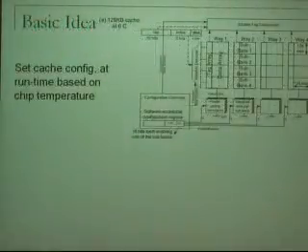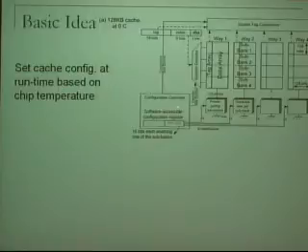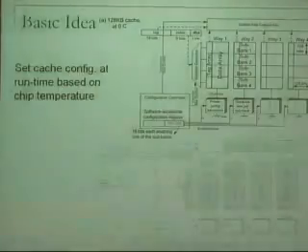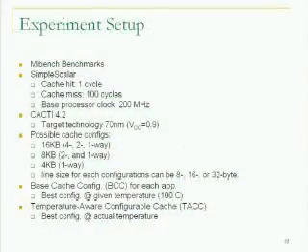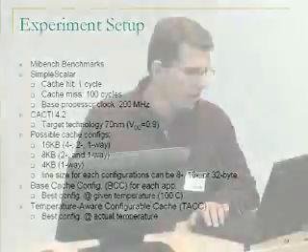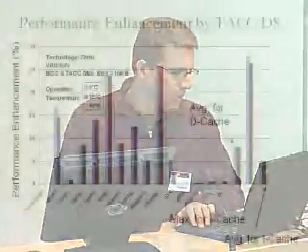We want to have only a configuration controller here, so that the configuration of the cache can be controlled by software, and software takes care of reading out the temperature at runtime and configuring the cache.